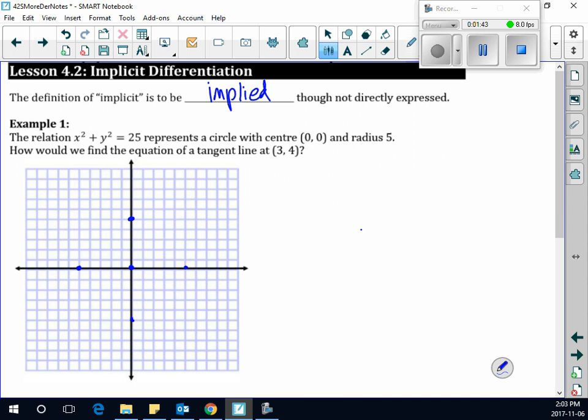I think I'm going to actually use my circle drawing tool because I can. Woo!